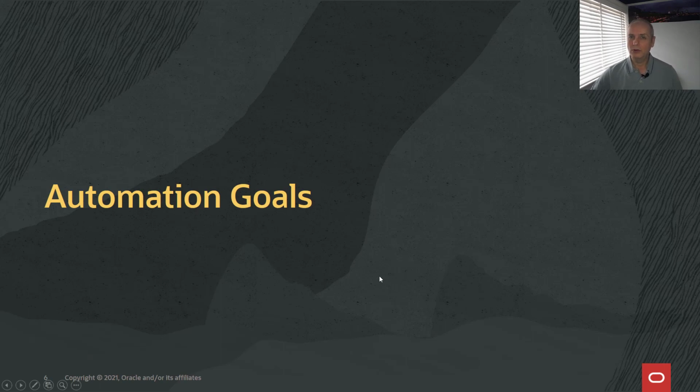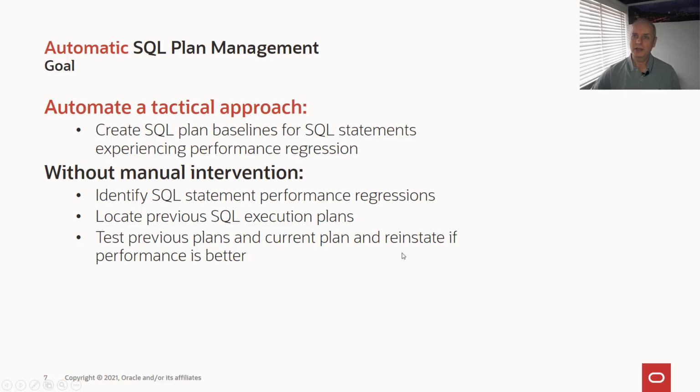So what are the goals of automation in this case? Well, the goal is to automate a tactical approach. In other words, we create SQL Plan baselines for SQL statements that have or are experiencing a SQL performance regression. So it's a tactical approach: see the regression, repair it, and then move on. The idea is that without any manual intervention, we spot the SQL performance regression first of all.